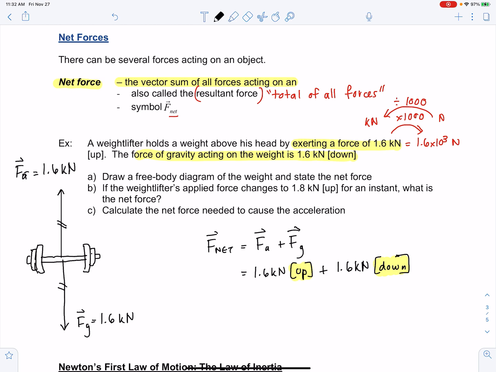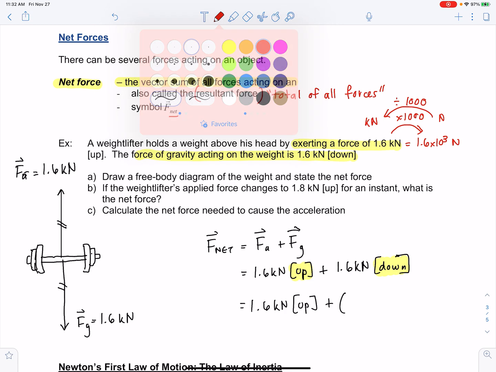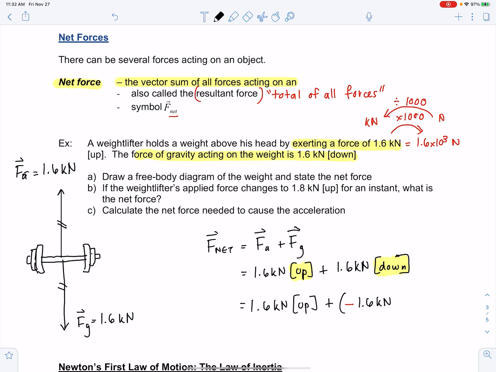So the first one will remain the same. It's 1.6 kilonewtons up plus I'm going to change this 1.6. I'm going to change its sign to negative 1.6 kilonewtons.